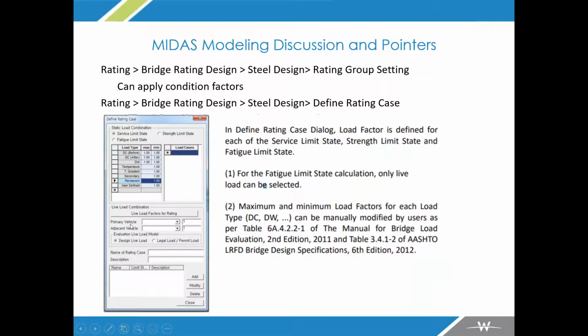You simply go down and add them as a primary vehicle and at what limit state, strength or service, corresponding to the 1.75 and the 1.35 or inventory and operating. Really, they're all kind of the same thing here. If you're looking at it from a strength limit, you're talking about inventory. If you're looking at the service limit, you're talking about operating.